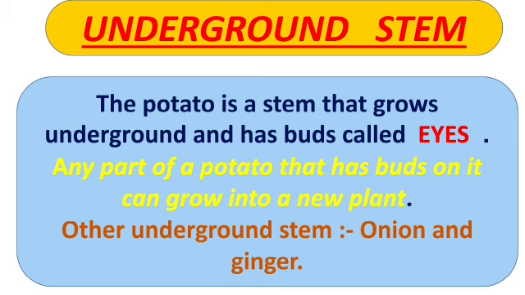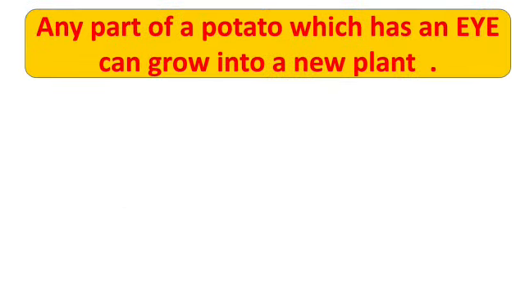Any part of a potato that has buds on it can grow into a new plant. Onion and ginger are also examples of underground stems.